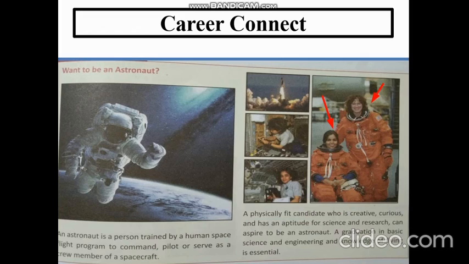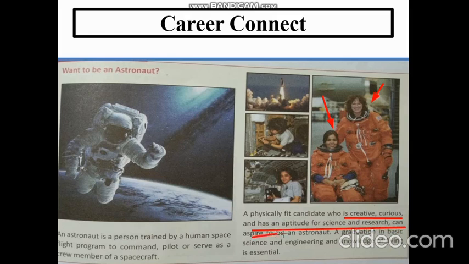An astronaut is a person trained by a human space program to command, pilot or serve as a crew member of a spacecraft. What physical fitness should we have? A physically fit candidate who is creative, curious and has an aptitude for science and research can aspire to be an astronaut.